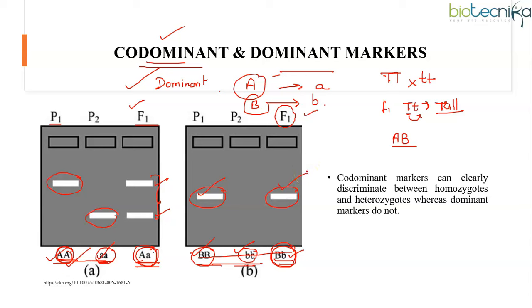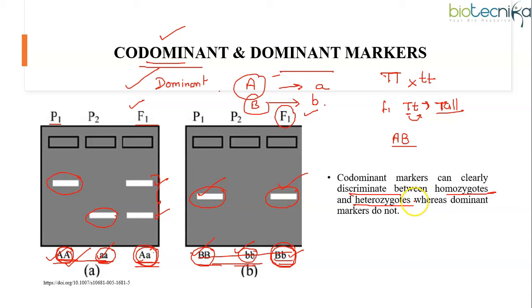So dominant markers do not offer clear discrimination between homozygotes and heterozygotes. On the other hand, codominant markers clearly discriminate between homozygotes and heterozygotes.